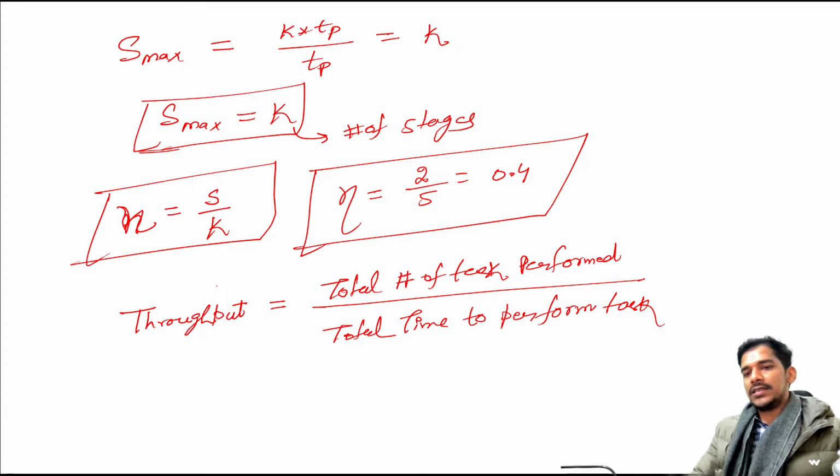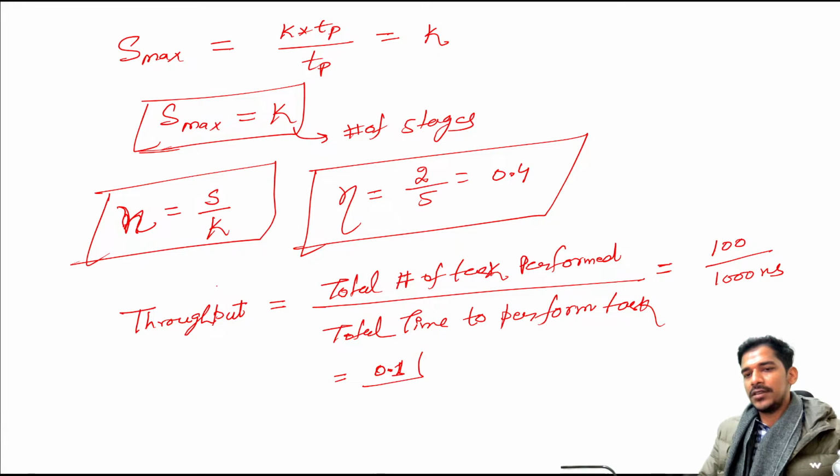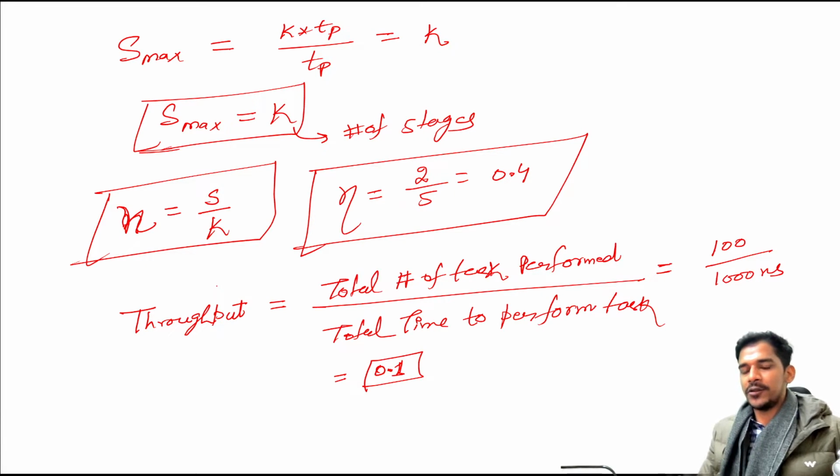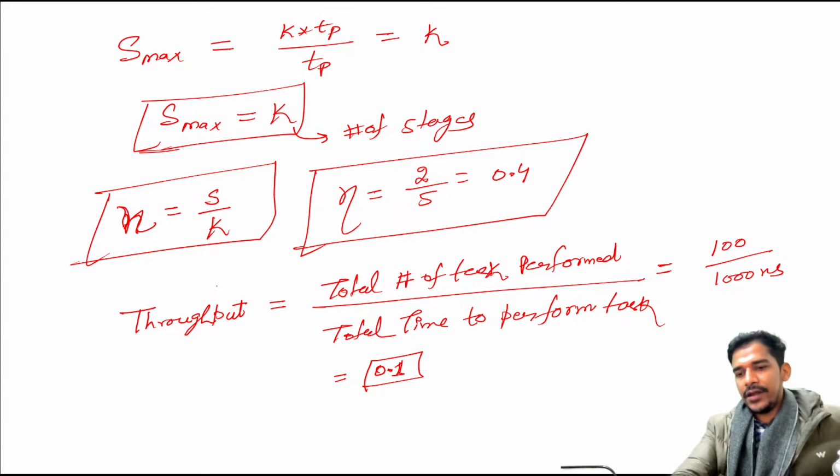Let us say in the pipelining processor you executed 100 instructions in, let us say, 1000 nanoseconds. So the throughput is simply 1 upon 10, or 0.1. That is, 0.1 instruction is being executed per nanosecond, right?